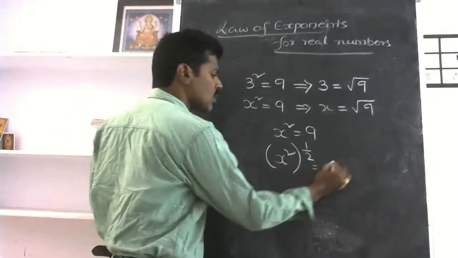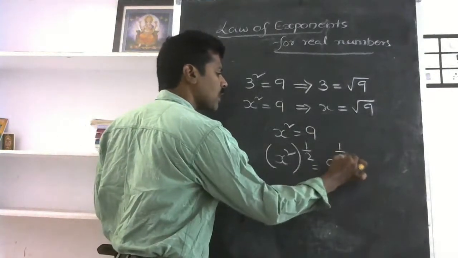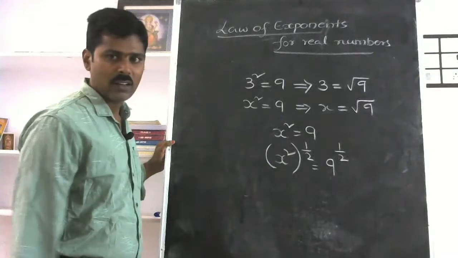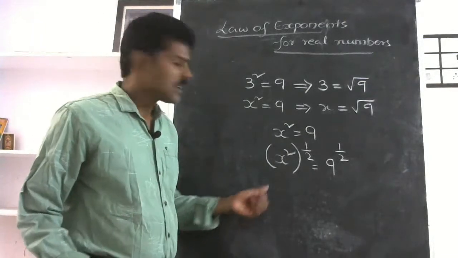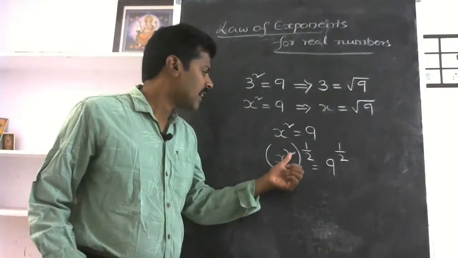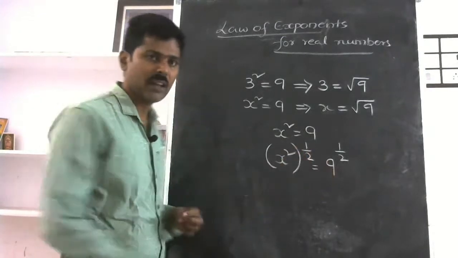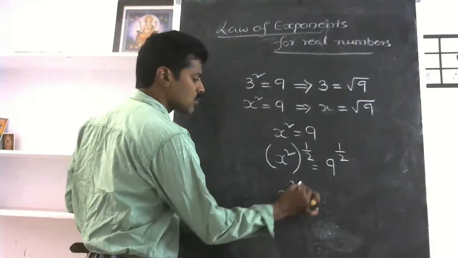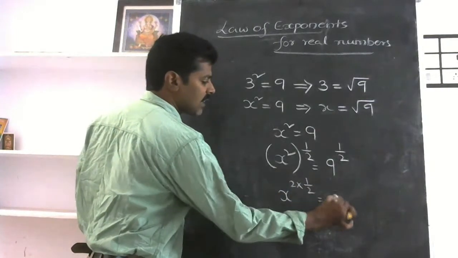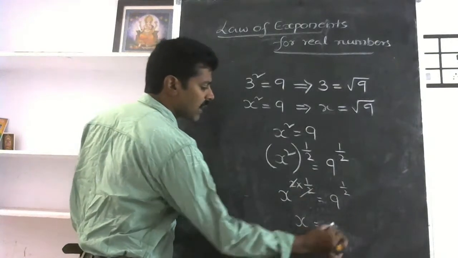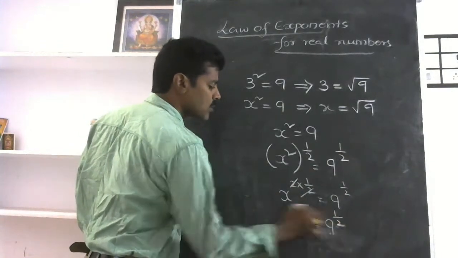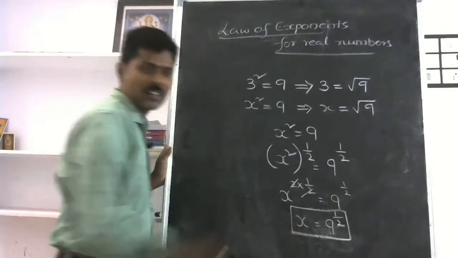Here also I have to raise the power to 1 by 2. Hence I apply the formula a power m whole power n equals a power mn, so I get 2 into 1 by 2, and here 9 power 1 by 2, so that these two are cancelled. Now I got x is equal to 9 power 1 by 2.